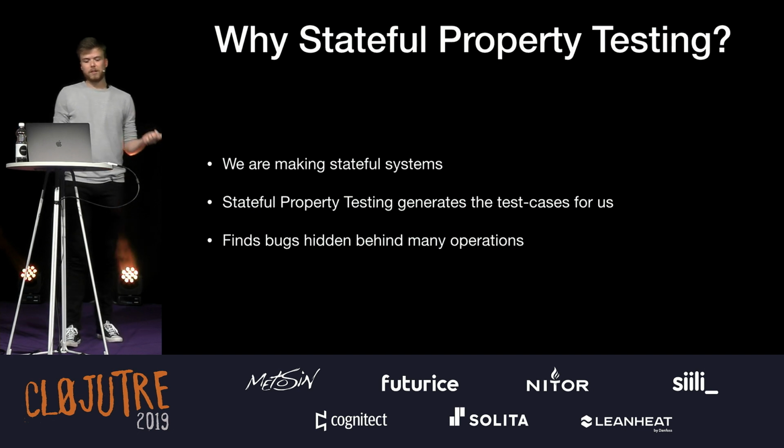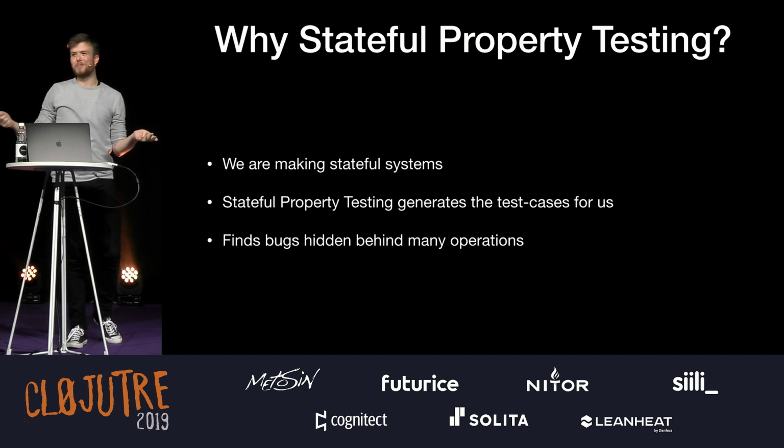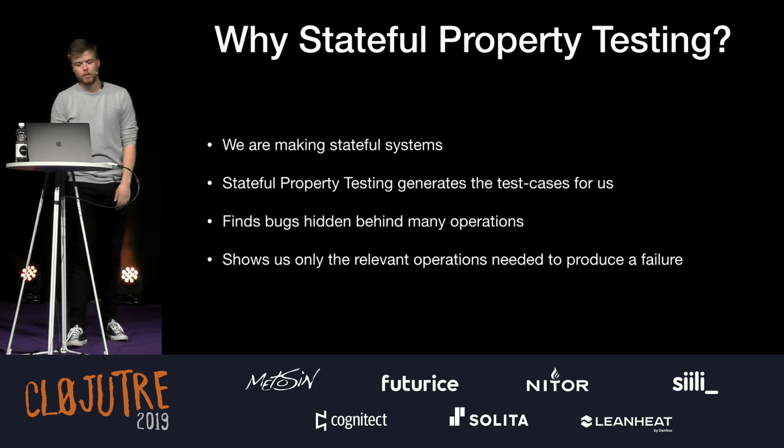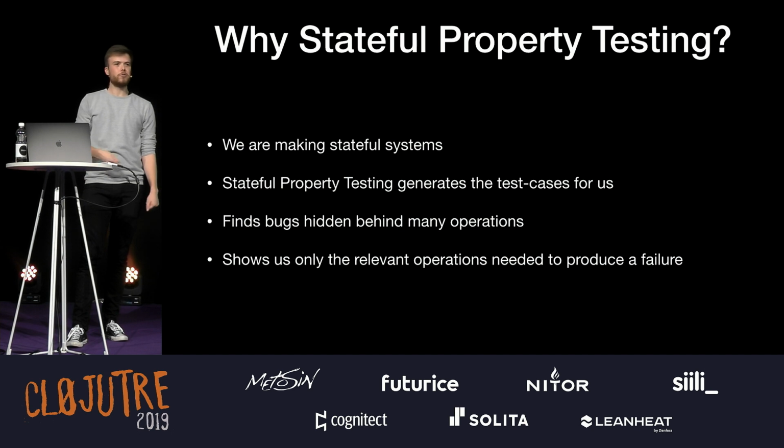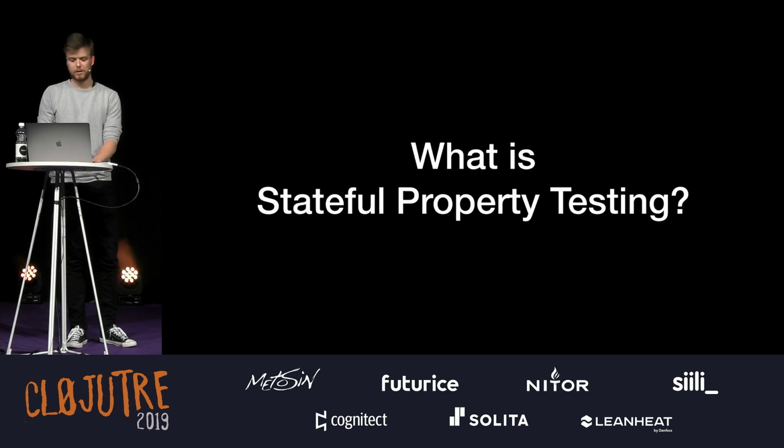And once it managed to find a failure using many commands, it also shrunk it down to the smallest possible case, which in this case was 17 operations. So stateful property testing isn't only useful for finding obscure bugs in stateful systems that require a long series of commands. It also shrinks that series down to the smallest possible case, making it easier to debug afterwards.